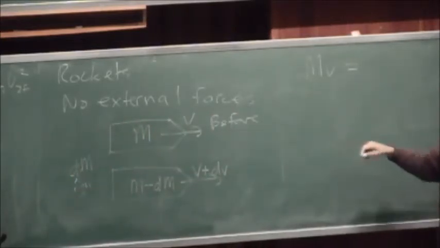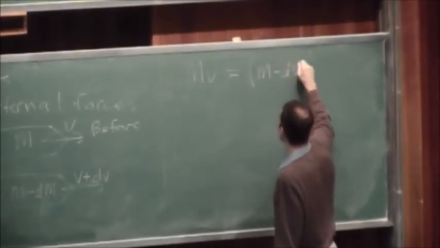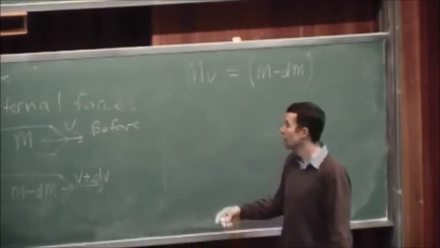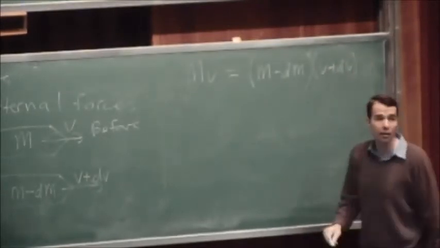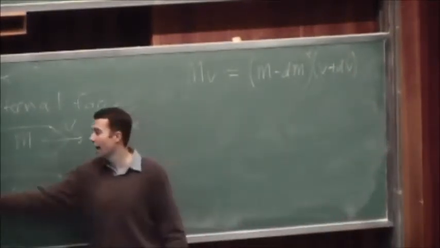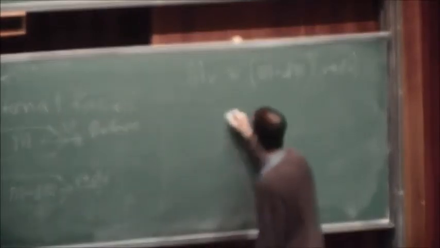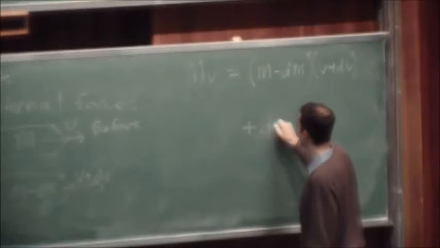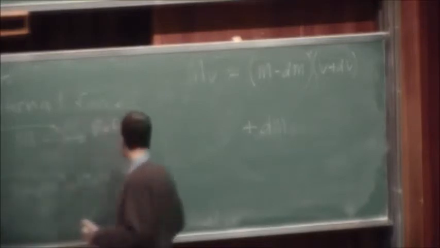So let's write that out. My mass now is m minus dm. And what's the momentum of this rocket now? m minus dm times v plus dv. That takes care of the rocket, but how about the discharge? Plus we need the mass of the discharge, which we call dm. dm just means the small amount of mass that we've discharged from the system.